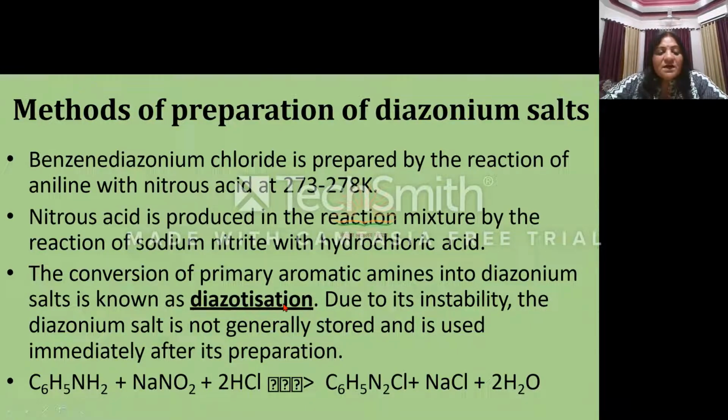The preparation of the diazonium salts from the primary aromatic amines. Here aniline, C6H5NH2, reacts with NaNO2, sodium nitrite, plus HCl, which releases a strong oxidizing agent HNO2 at 0 to 5 degrees Celsius. Then it forms C6H5N2 plus Cl negative, benzene diazonium chloride.